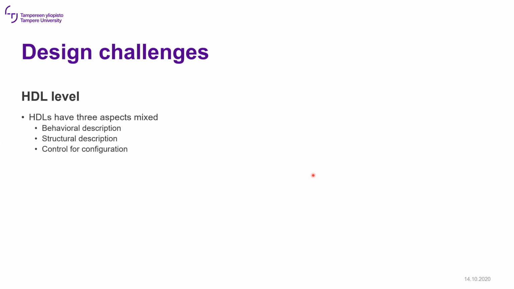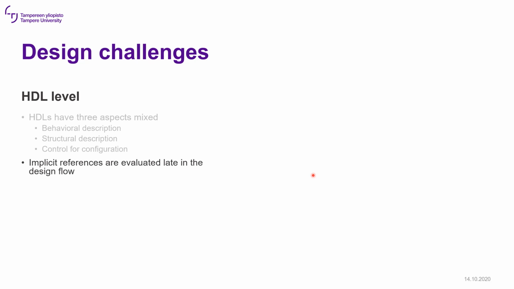And the same language and the same tools are used for all of this. We have implicit references that are evaluated late in the design flow. And this works perfectly fine for a small project, but we found ourselves with more trouble as the project grows larger and larger.